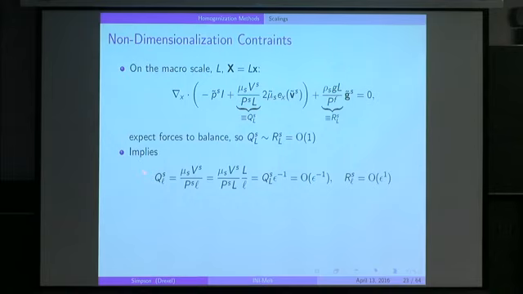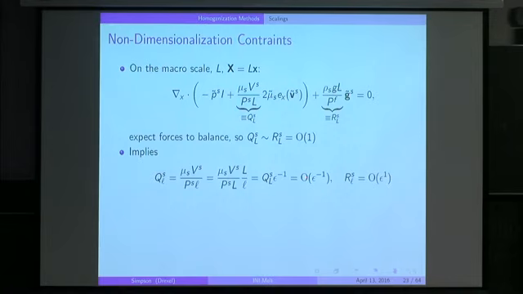But then when we work with that, Q_S^L is the viscosity times the velocity over the pressure times the length scale. Then I can multiply and divide, so that gives me Q_S of L, and that kicks out a 1 over epsilon. But this, I've argued, is order 1. So I can infer that Q_L^S is order 1 over epsilon.